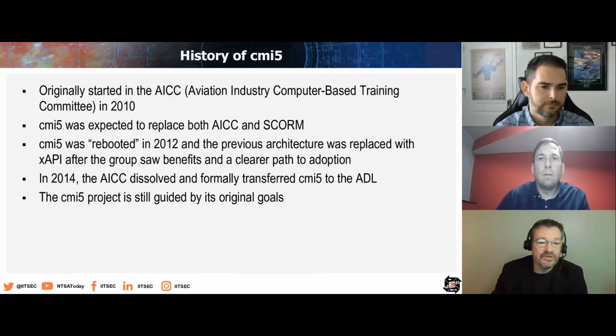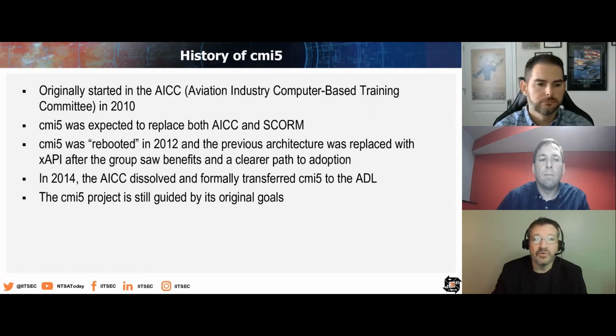Let me give a brief history of cmi5. It originally started in the Aviation Industry Computer-Based Training Committee, the AICC, back in 2010. AICC intended cmi5 to replace both the AICC's own specification as well as SCORM.